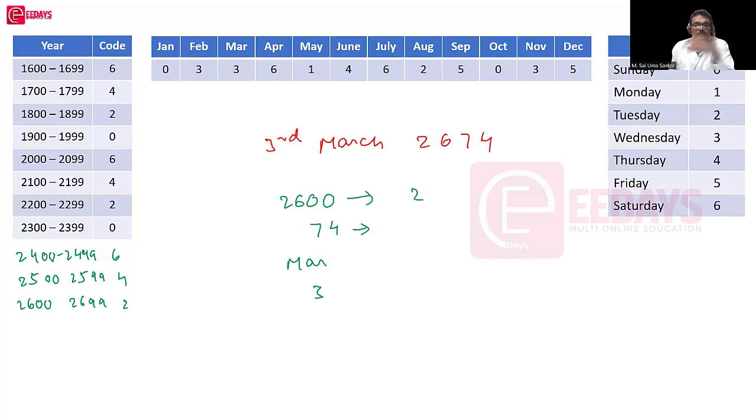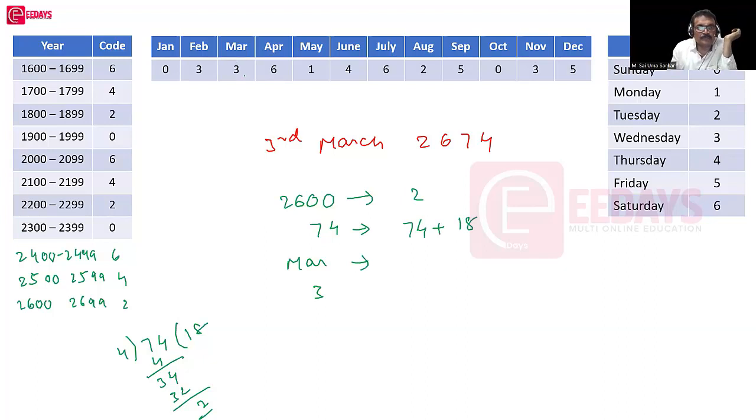Now, how many years are there? 74. Suppose all are ordinary years, how many odd days are there? That is 74, plus how many leap years are there? Divide 74 by 4. Here the quotient represents the number of leap years, right? 4 times 18 is 72, and the remainder is 2. So that is 74 plus 18.